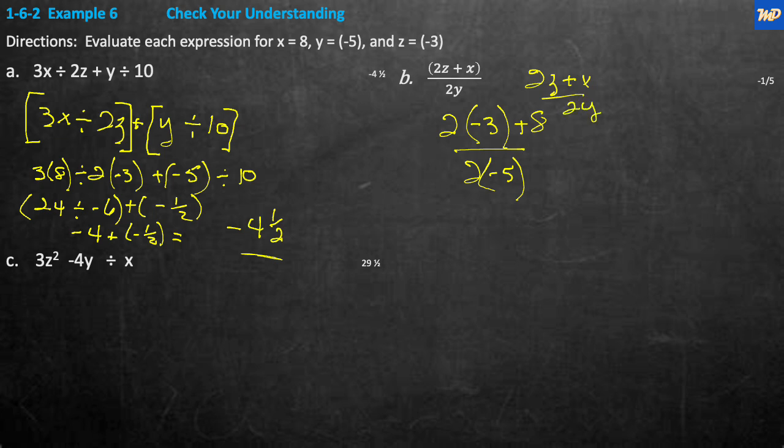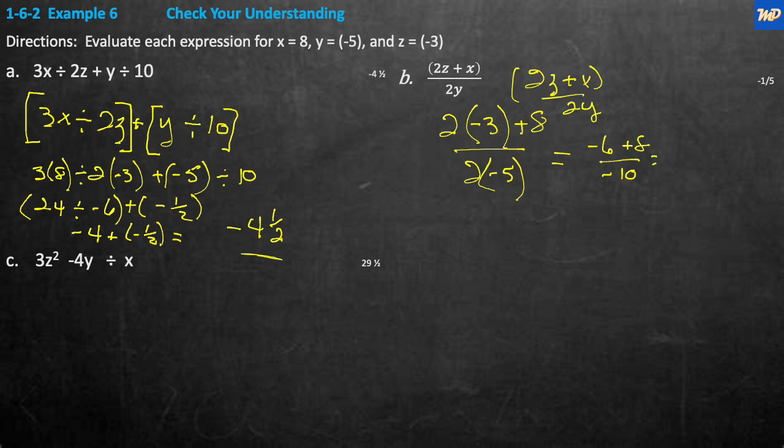I didn't do that to start. So now I've substituted. And now that I've got that, I'm going to go over here and say these have to go first. This is multiplication. This is addition here. So this is negative 6 plus 8 divided by 2 times negative 5 is negative 10.